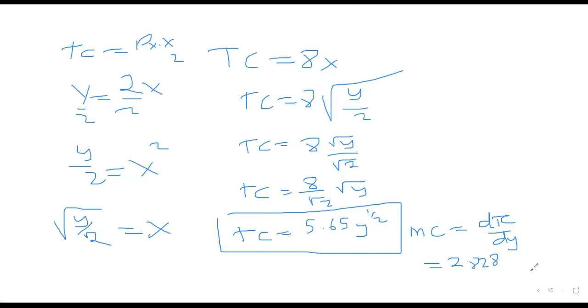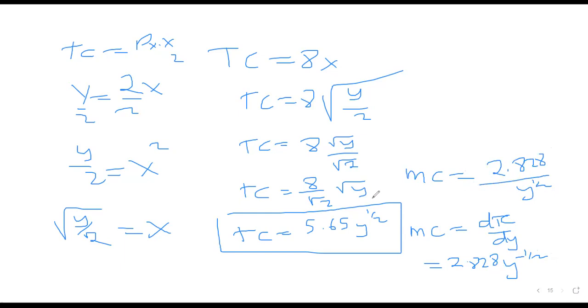Then subtracting 1 from the half gives us negative half. That becomes our marginal cost. If you want a positive power, we have 2.828 divided by y to the power half. That is how we find our marginal cost in terms of y.